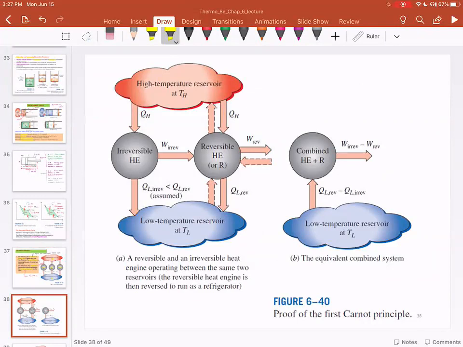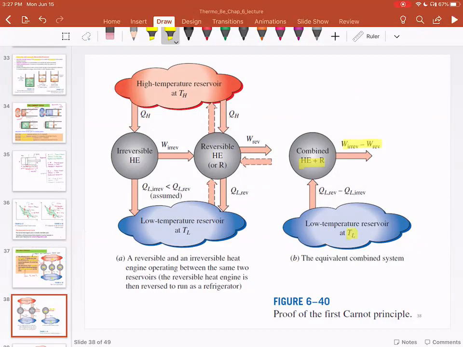Then you can connect the work output from the irreversible heat engine to the reversible one, and you would realize that you have a combined heat engine and refrigerator that is sending net work out while working with just one reservoir.